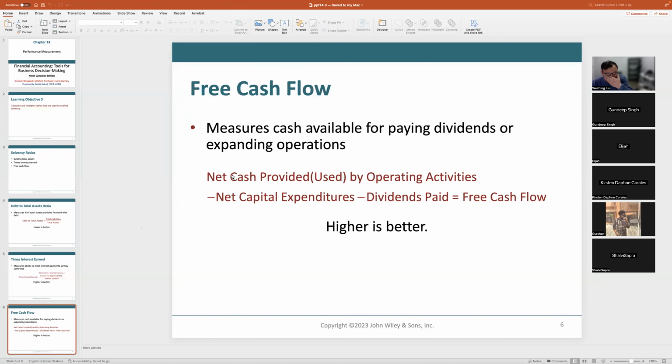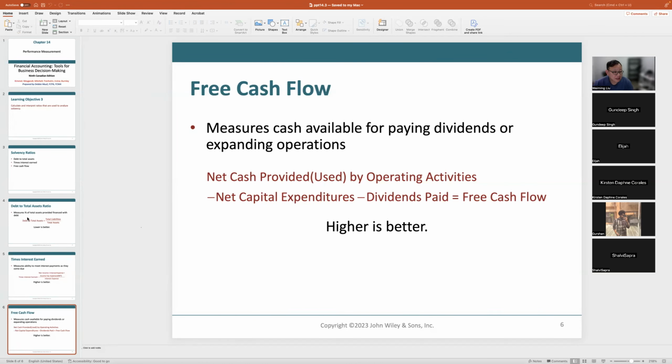So you use net cash provided by operating activities, minus net capital expenditure, minus dividends paid. That is called free cash flow. That cash flow, the higher the better. Higher means you have a stronger ability to pay dividends and also expand the operation.